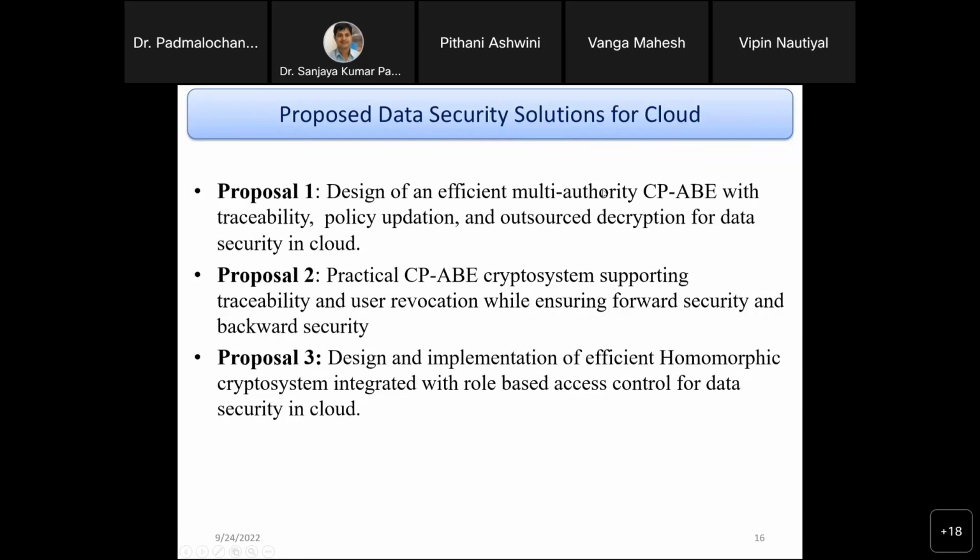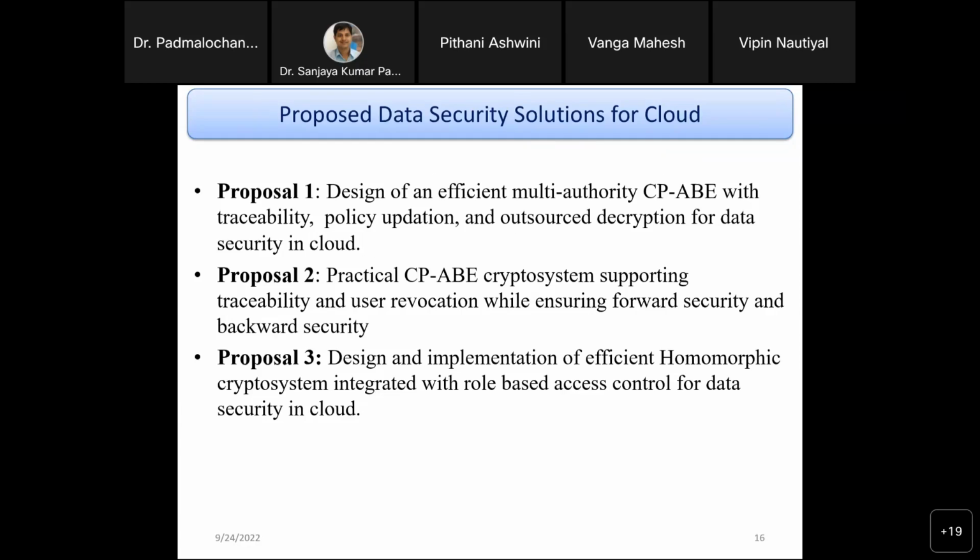Multi-authority means that there are multiple authorities who manage the attributes. For example, there are users who work in a software company, who also access resources from the university from which they graduated.